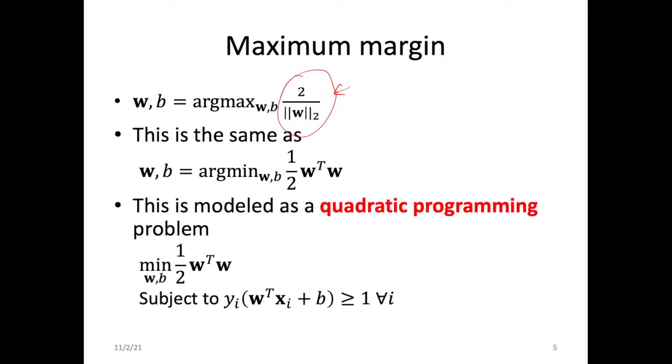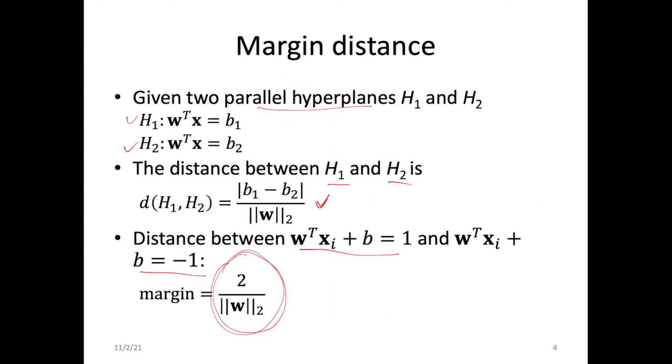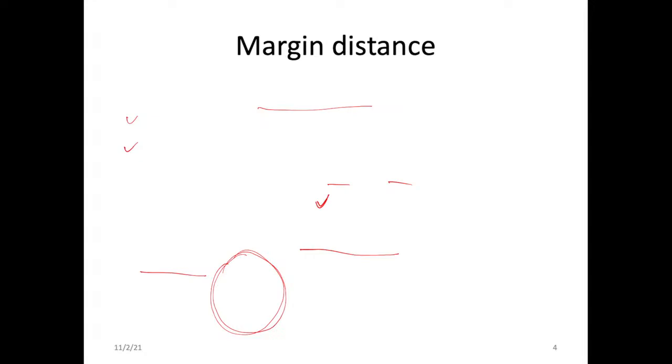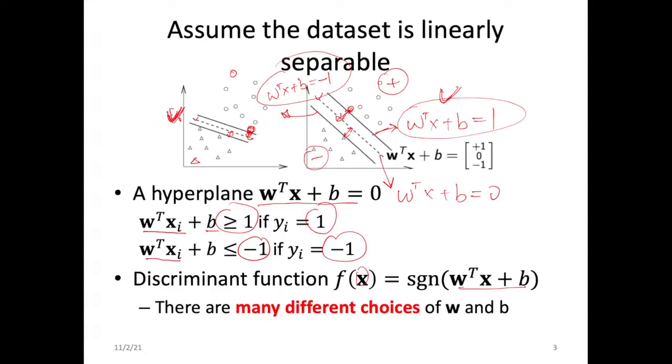And it turns out that this is a standard quadratic programming problem. We want to minimize this objective function, this inverse of the margin distance, subject to our constraint here. Why do we have this constraint? Because here we assume that all the data points are linearly separable.